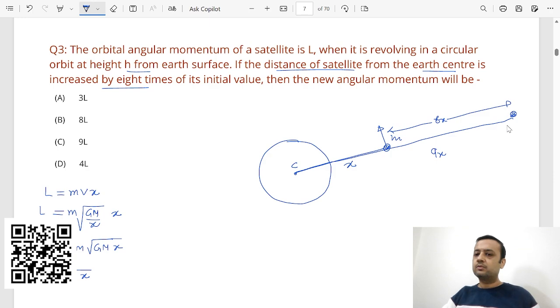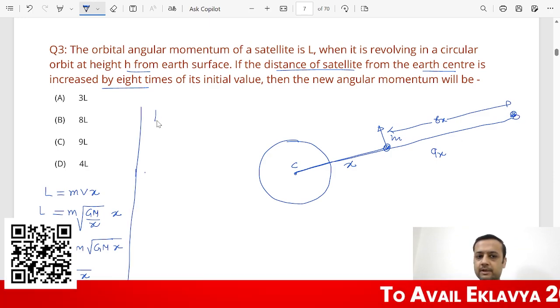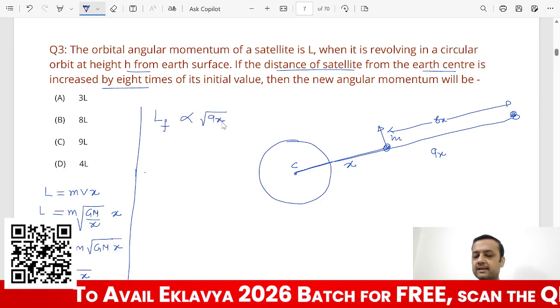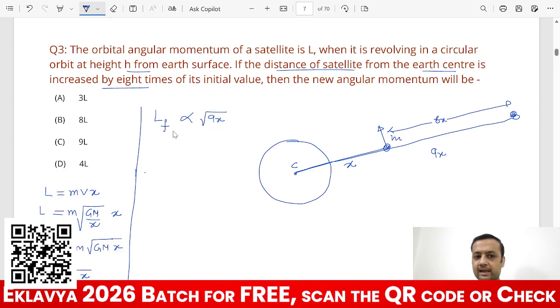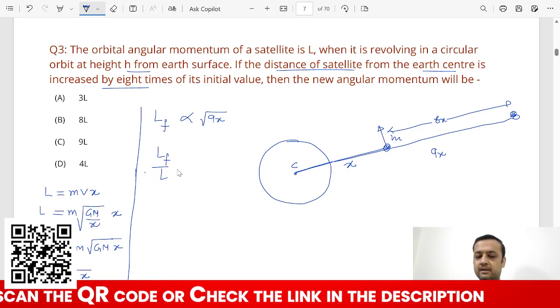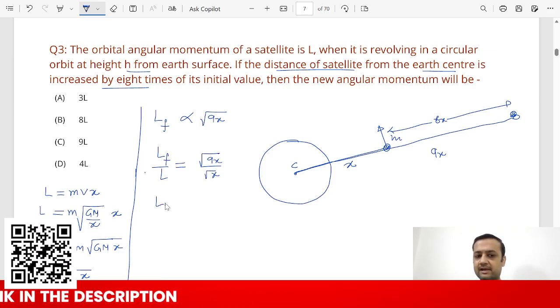So the new radius will be 9x. So the new angular momentum L final will be proportional to root of 9x, right? If I take the ratio L final upon L initial, it will be equal to root of 9x upon root of x, which means L final will be 3L.